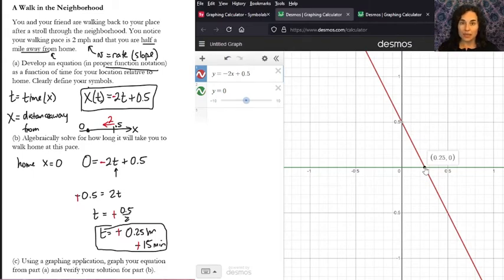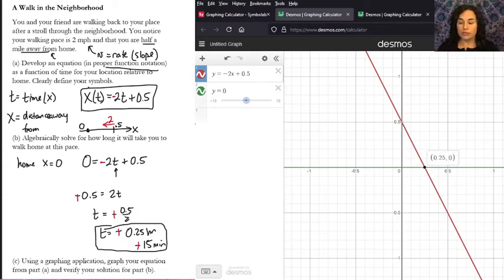Notice I'm not labeling it with Desmos, but I'm clicking on this point and letting Desmos tell me what that value is. So Desmos did an independent calculation, and it's verifying what I did to find my calculation. My calculation aligns with the calculation that Desmos did.